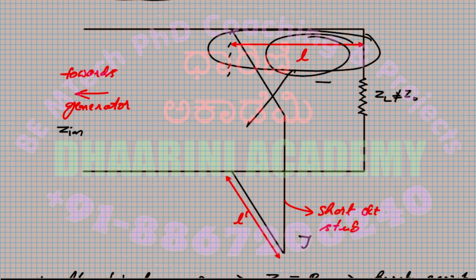Then that's the length I want, correct? Whatever length I'm supposed to calculate, that L makes the value of, in this case, the Y in, equal to the actual Y in of my line. That's all.